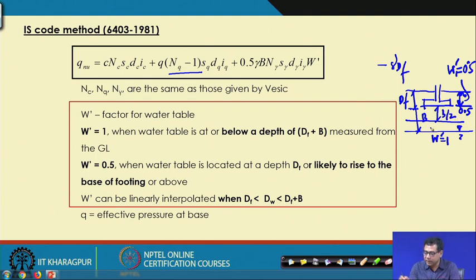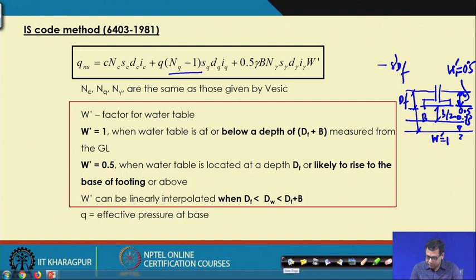Like this we have to linearly interpolate the values of W dash. And Q is the effective pressure acting on the base, which is true for all the theories.